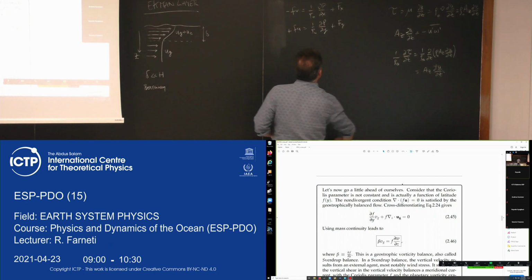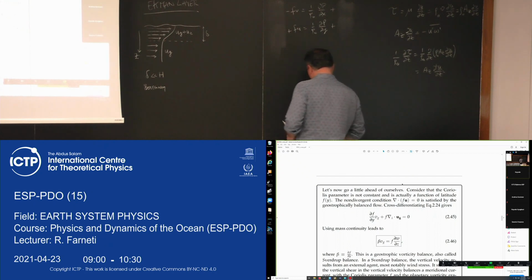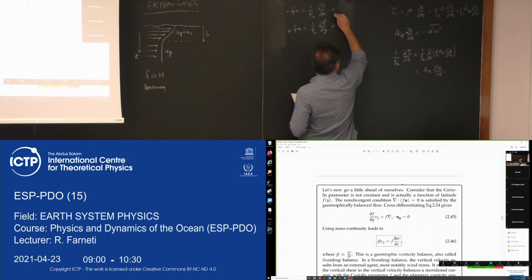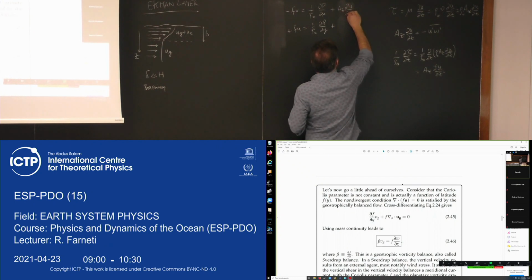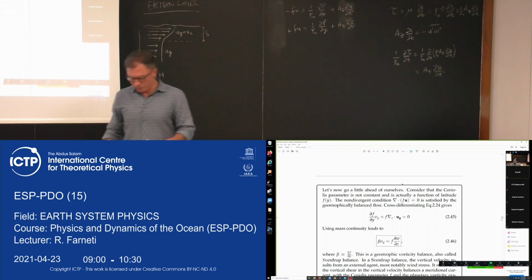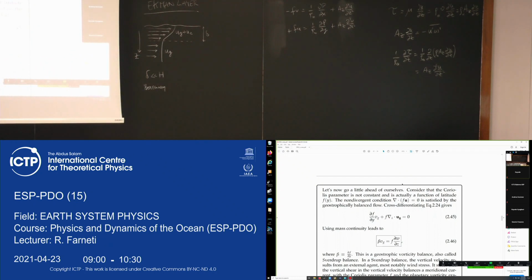So I can put it there in my set of equations as... okay, so this is how I can rewrite my momentum equation with the frictional term. So these are going to be the equations that we're going to use, plus mass continuity and the hydrostatic balance.